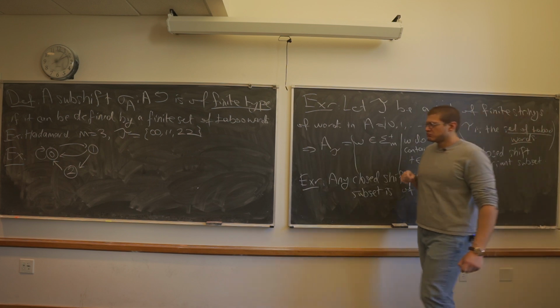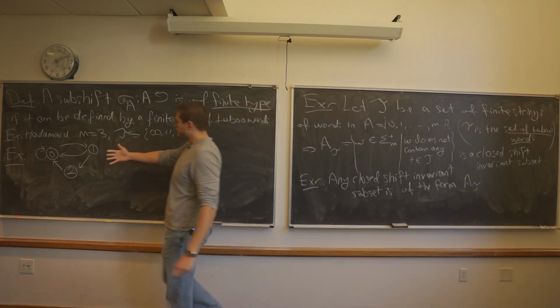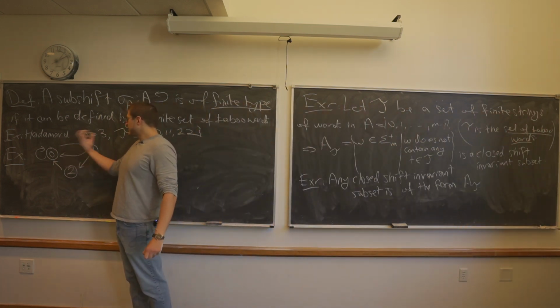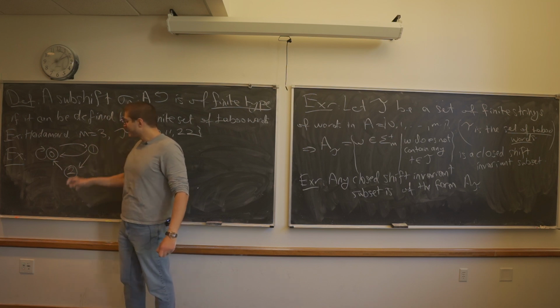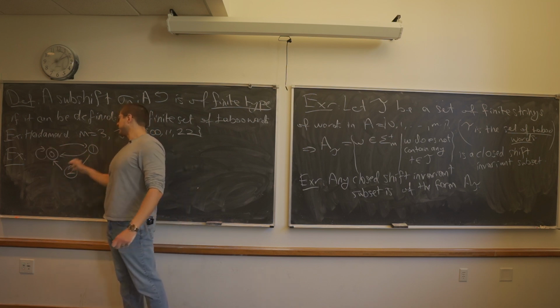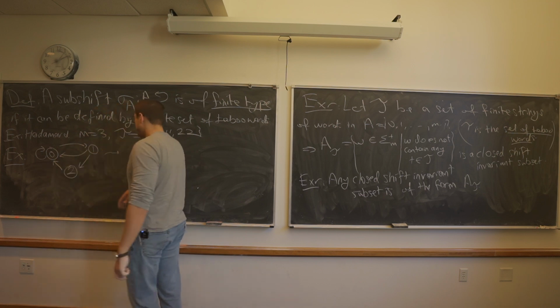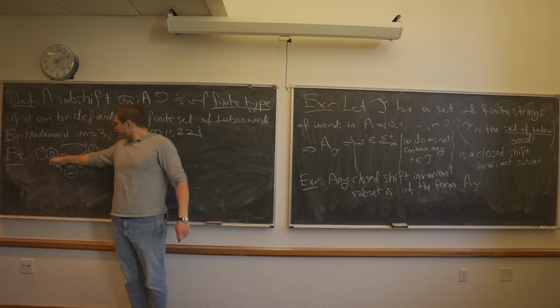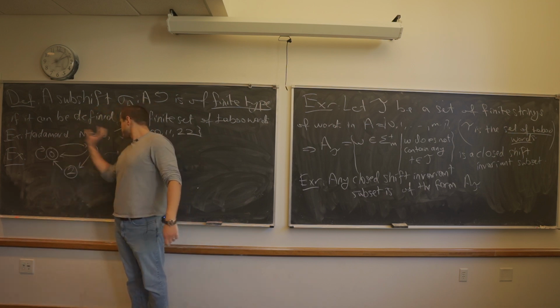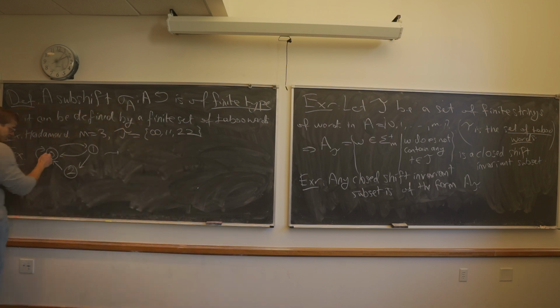And when I draw this graph, I'm really thinking about the sequences that can be written by following this graph. So for instance, the sequence that is constantly 0 is in the set, because I can start at state 0 and keep using this arrow, keep using this symbol.